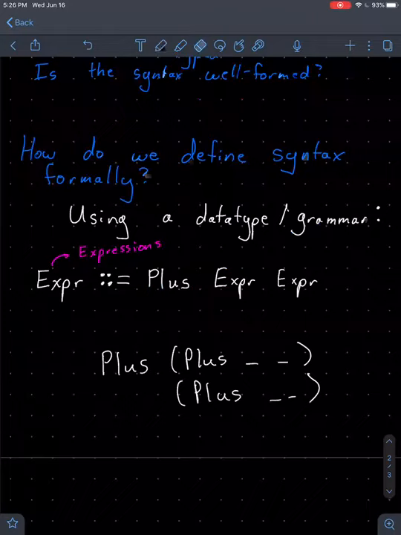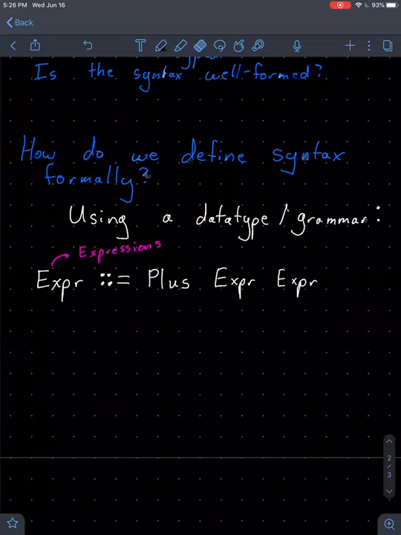So right now I just have this plus operation, but I'm missing something. What else could I add to this? I've got an operation, but what am I missing here that's really important? Say I want to express actually 5 plus 5.